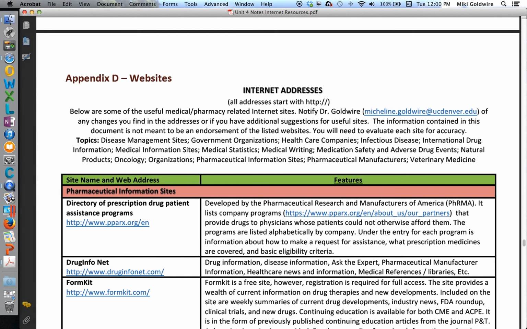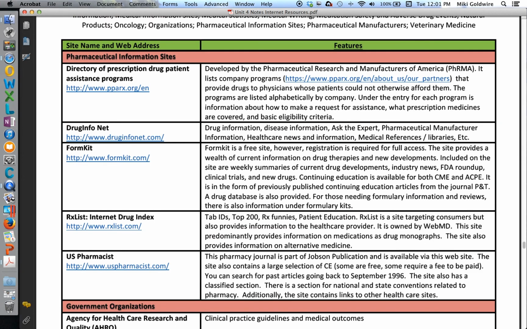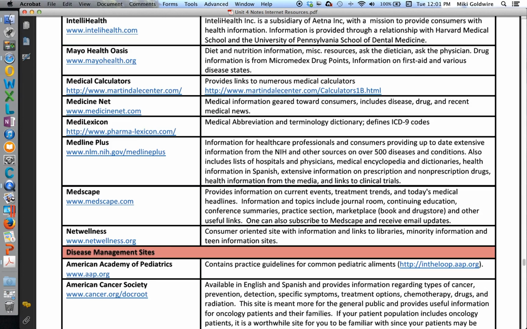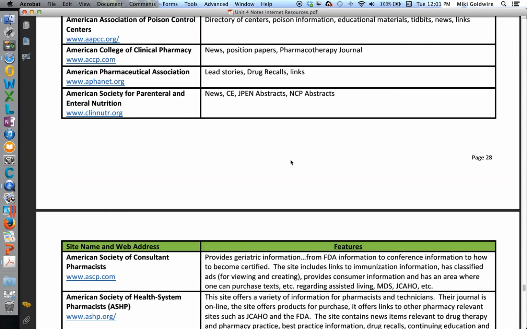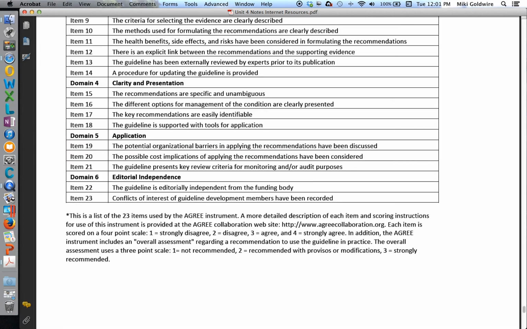Appendix D are websites that you may find beneficial for your practice, and these are organized by disease state, government organizations, healthcare companies, infectious disease, international drug information, medical information sites, statistics, medical writing, medical safety and adverse events, natural products, oncology, organizations, pharmaceutical sites, manufacturers, and veterinary medicine. Most of these are free, but some require a subscription in which you need to set up a username.